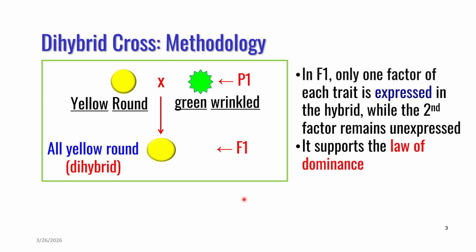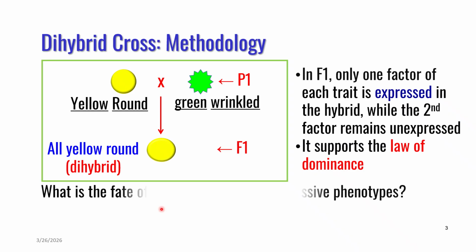However, he raised the same question: what is the fate of wrinkled and green recessive phenotypes or traits? To address that question, he self-crossed these F1 dihybrid plants. So these F1 dihybrid plants were used as P2 generation plants in the next generation.